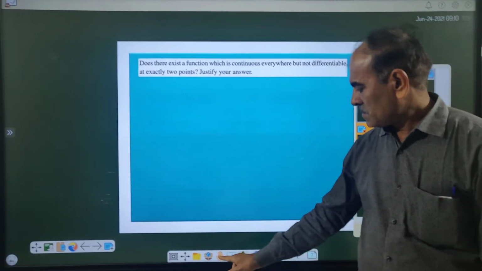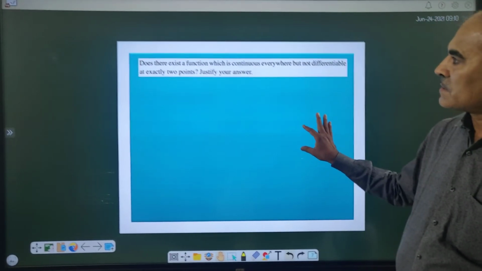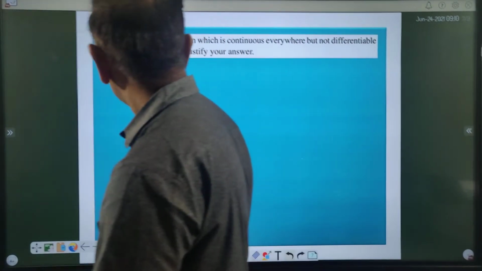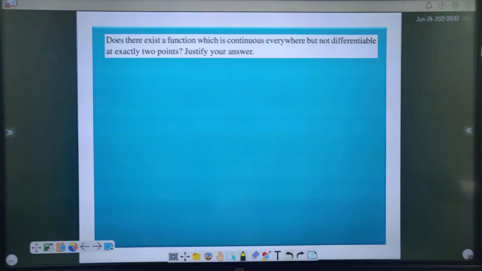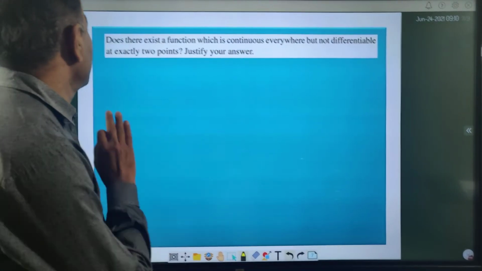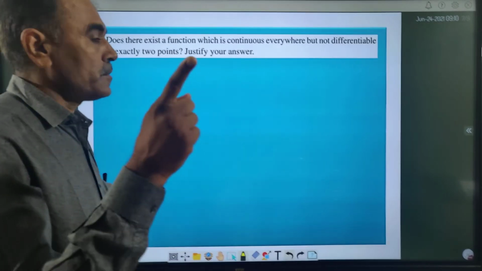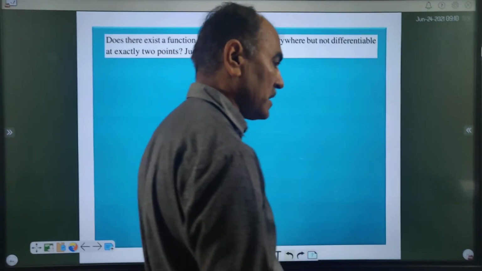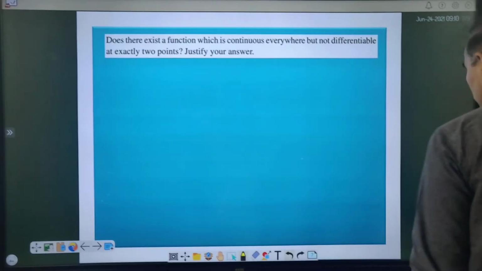Most important example. Does there exist a function which is continuous everywhere, but not differentiable at exactly 2 points? Justify your answer. Most timely example, and it is a 4 marks example.